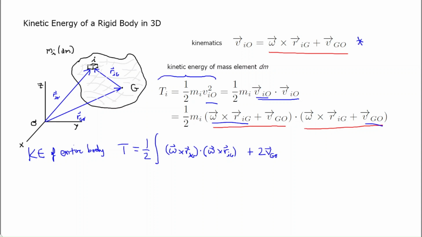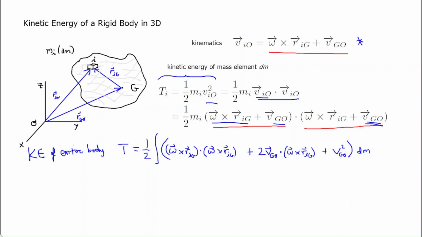I write the v sub go first, and then dot omega cross r sub I g. Then we take the dot product of v sub go with v sub go, which we know is the scalar v sub go squared. And then this entire thing is integrated over dm.